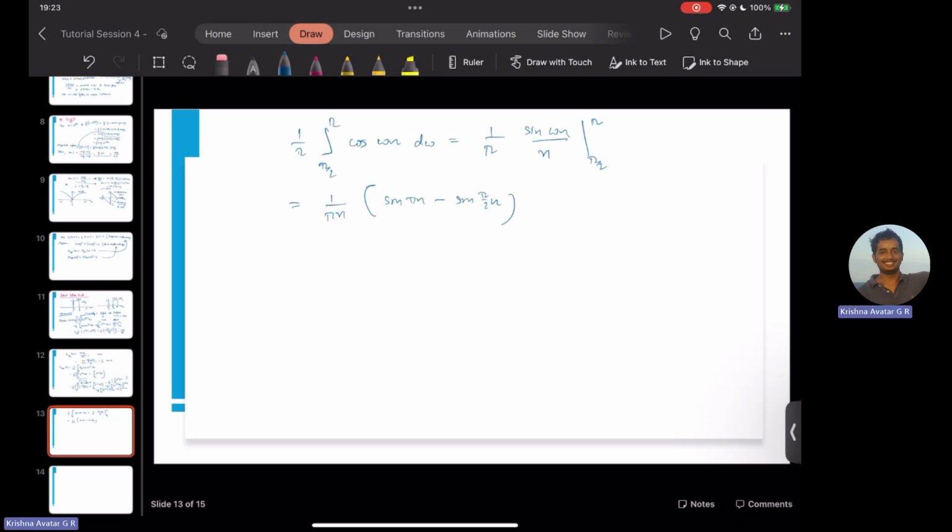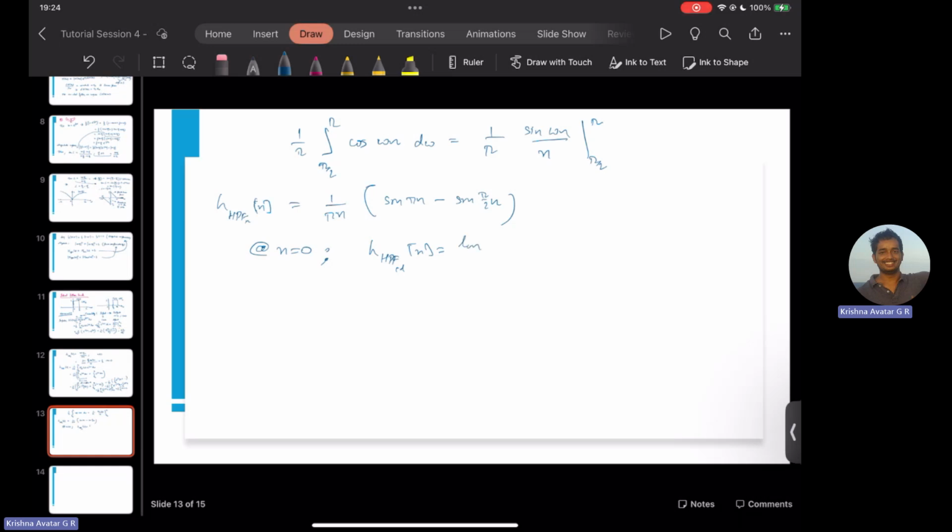Now, this will have some special cases. So what about at n equal to 0? At n equal to 0, the ideal version of HPF, h of n, is equal to 0 minus 0 by 0, right?